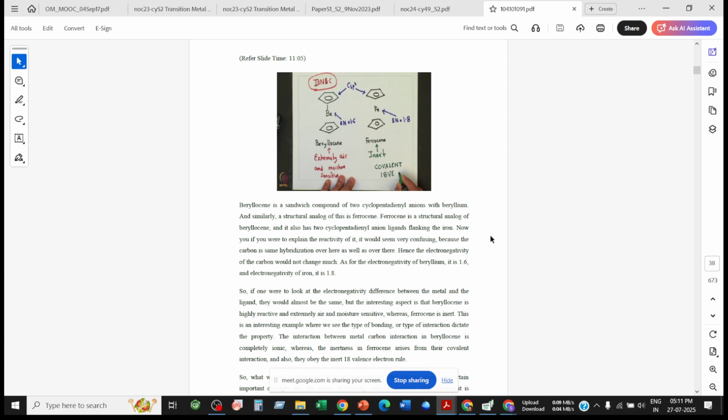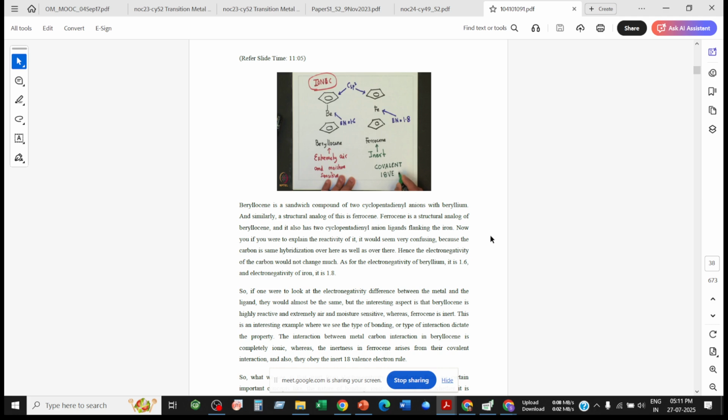Beryllium is an s block element, whereas iron is a d block element. So metal ligand interaction is highly strong for iron, because of the d orbitals available, it can form a coordinate covalent bond with the Cp ring, whereas for beryllium d orbitals are unavailable and it cannot form a covalent bond.